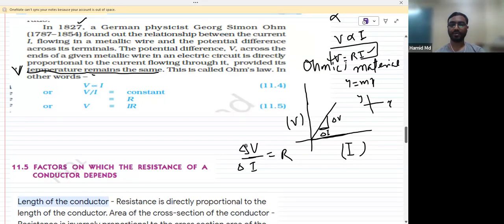Madhya, if we take the ratio of change in voltage divided by change in current, what will we get?